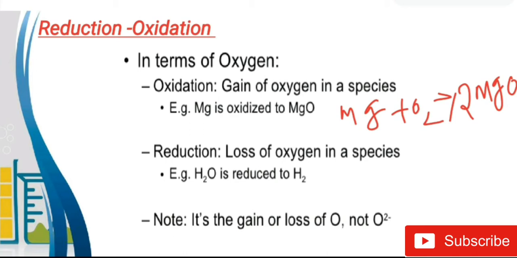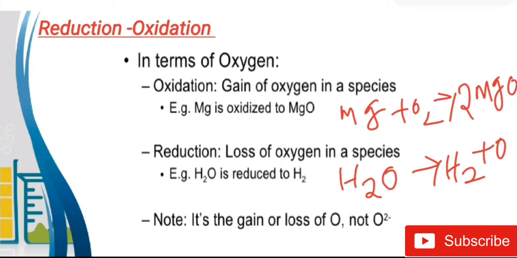For example, when the water molecule is reduced, it will give you hydrogen gas plus oxygen gas. If you balance it, water will give you hydrogen and oxygen gas.